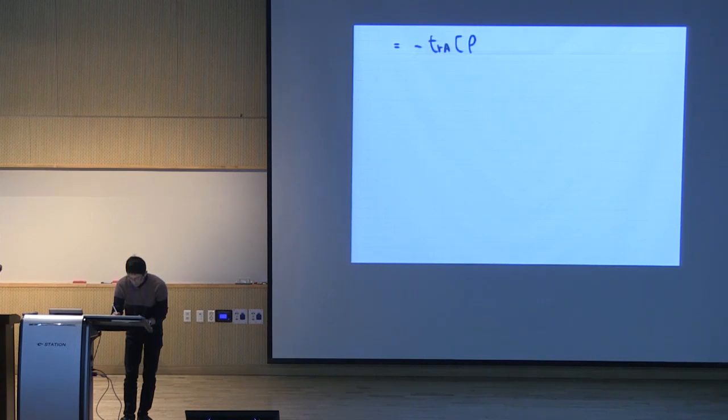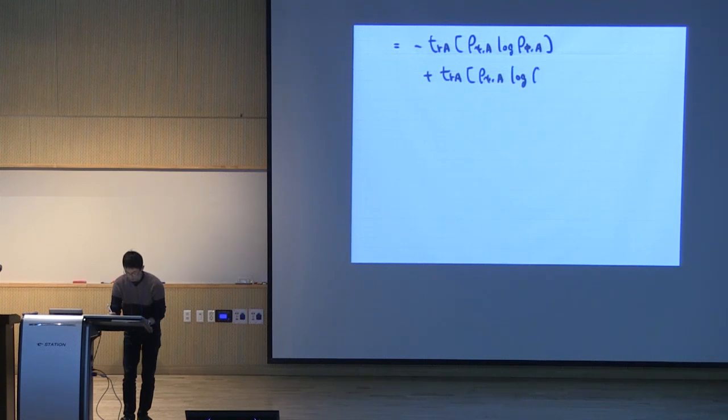So you have rho psi A times log of rho phi A, and in the second line you get trace over A of rho psi A times log of rho psi A, and you just combine the two expressions in one line.